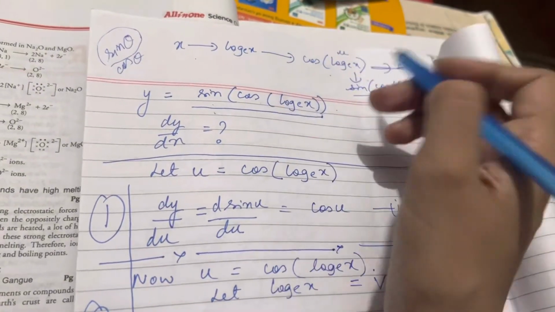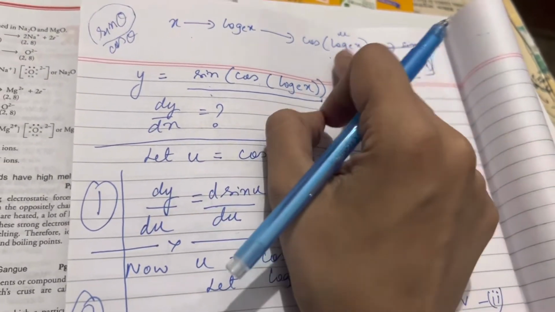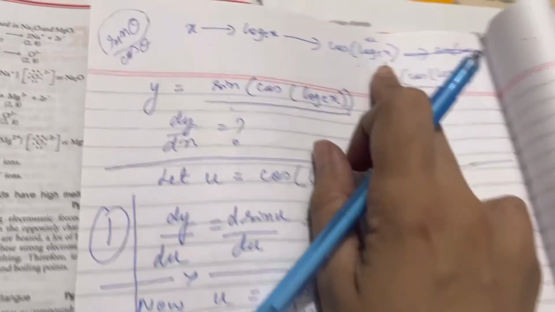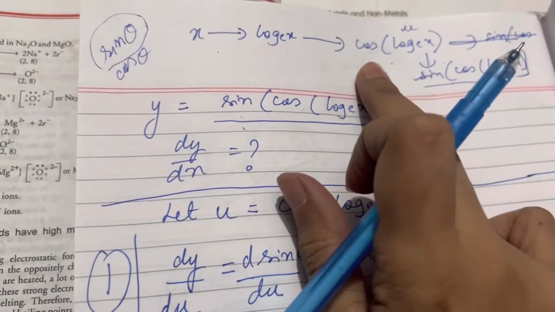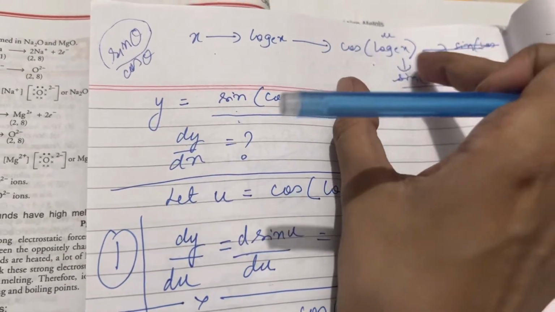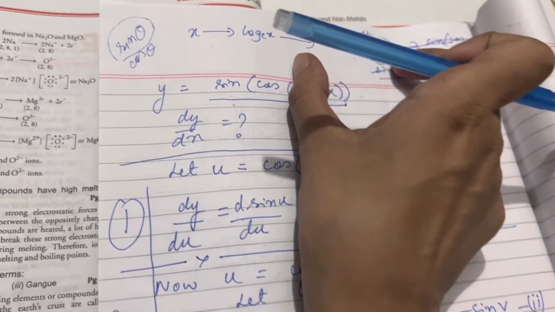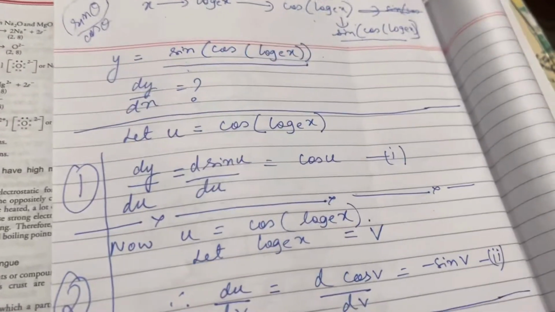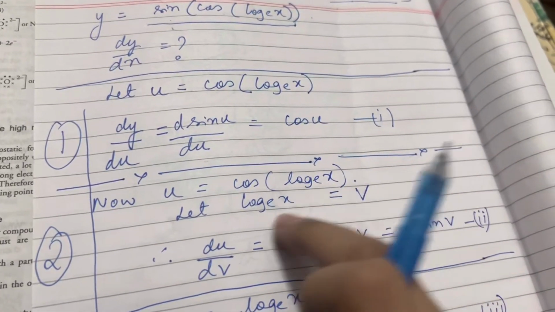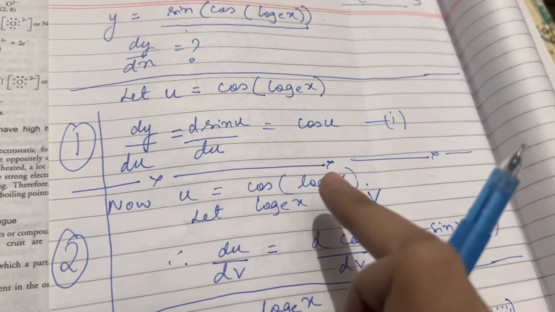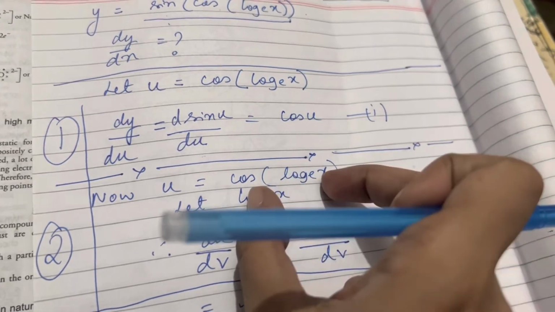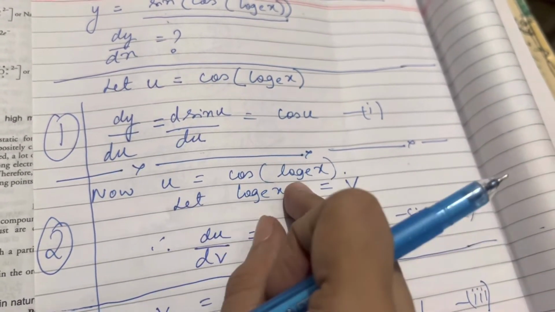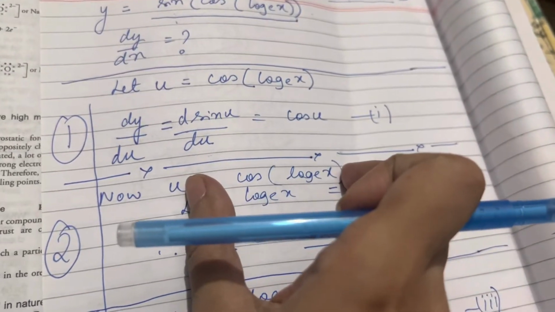This u is again not directly a function of x, because log x is a part of cos. So again, this is inside another function, cos, right? So we need to assume again this log x as v, because there is a function over another function. Can you see? This function is inside of cos. Log x is a function and cos is another function.